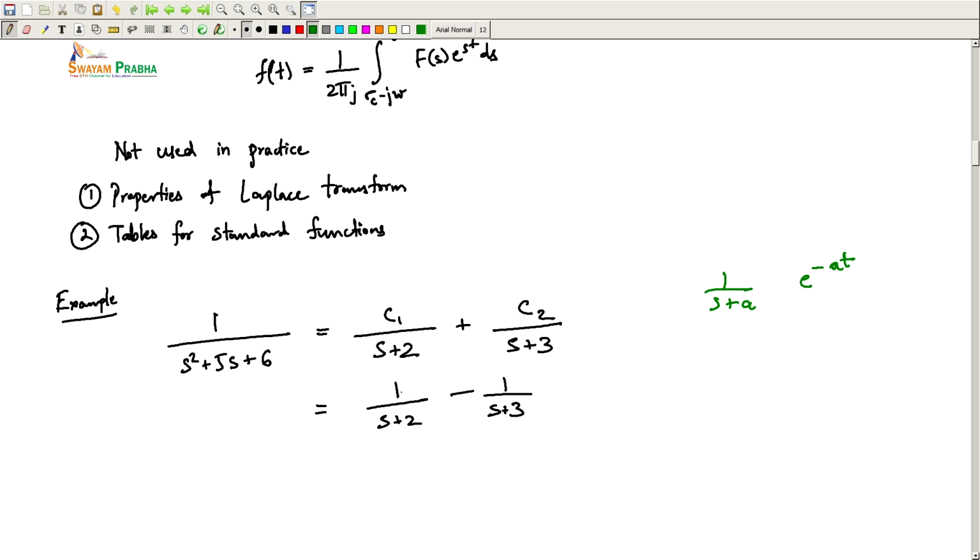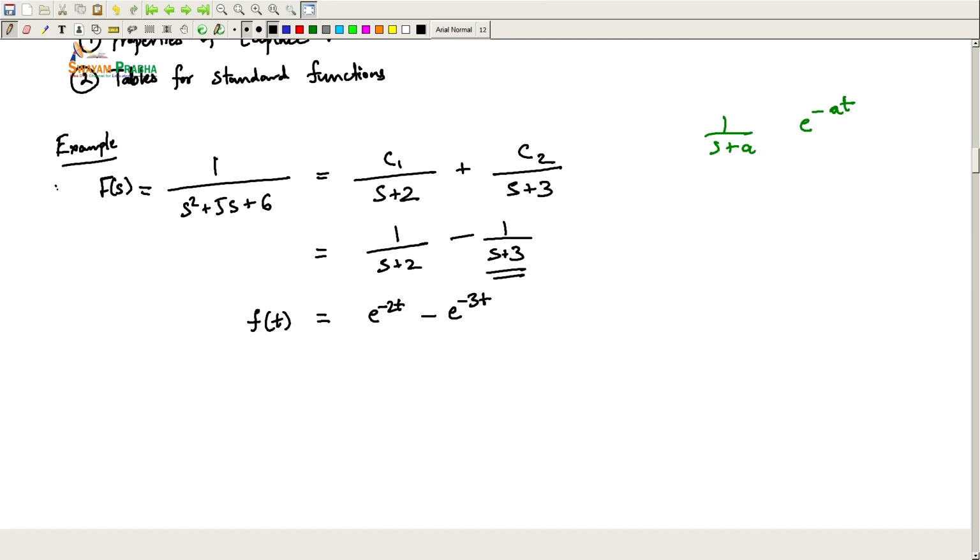If we look at the first expression, in this case a will be 2, so we get e to the power minus 2t. Similarly here, for this particular expression, a will be 3, so e to the power minus 3t. So this is our time domain signal f of t for this Laplace variable function f of s. So this was our first example.